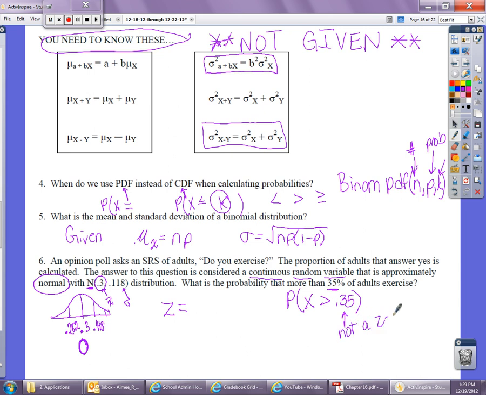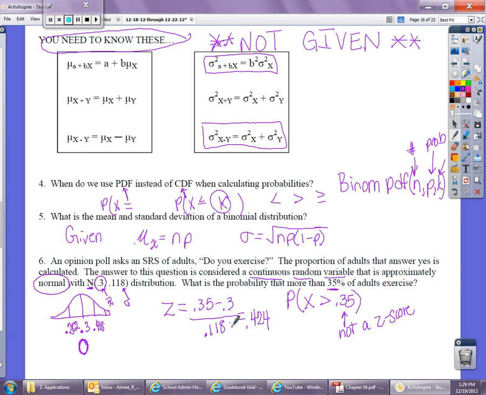So I'm going to take the value, 0.35, subtract the mean, 0.3, divide by the standard deviation. This is your conversion formula to get the z-score. So when you do that, you get 0.424. If you want to actually use percentages here, that's fine. You could do 35 minus 30 divided by 11.8. Whatever. You're going to get the same answer.